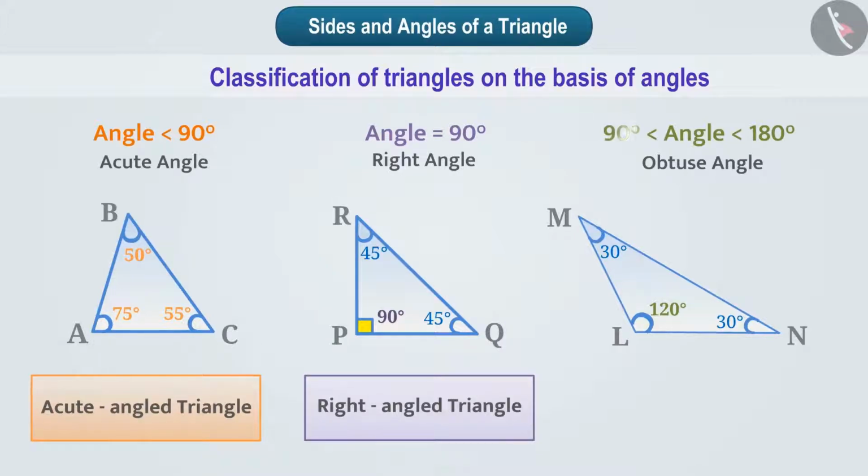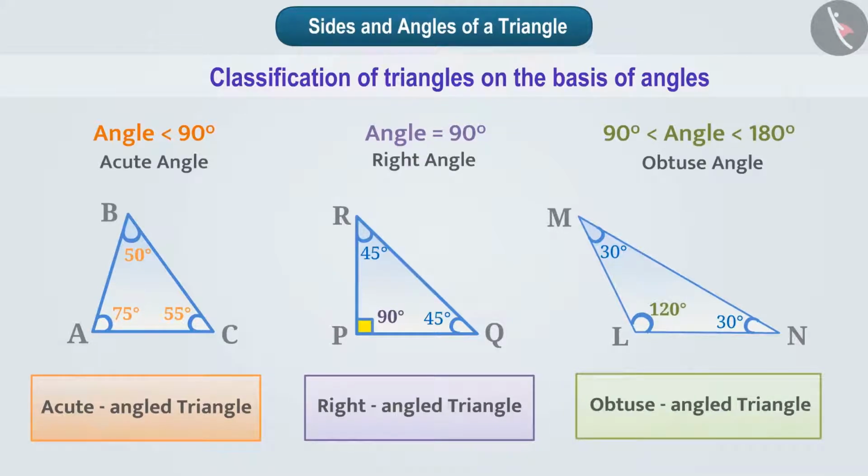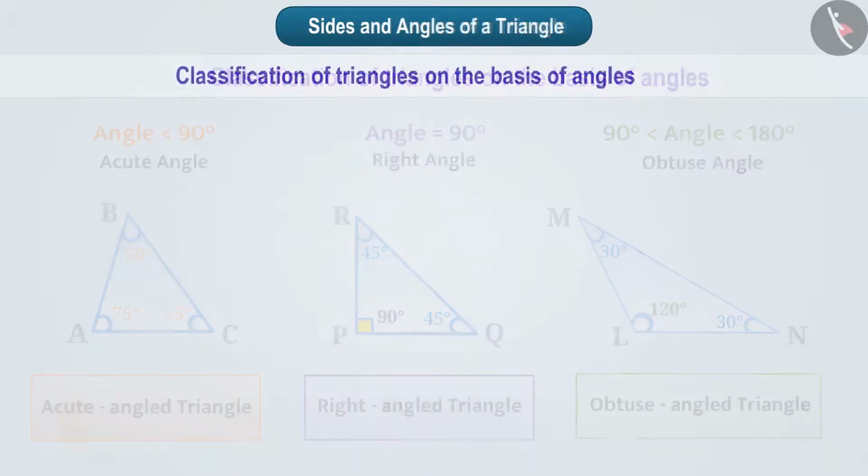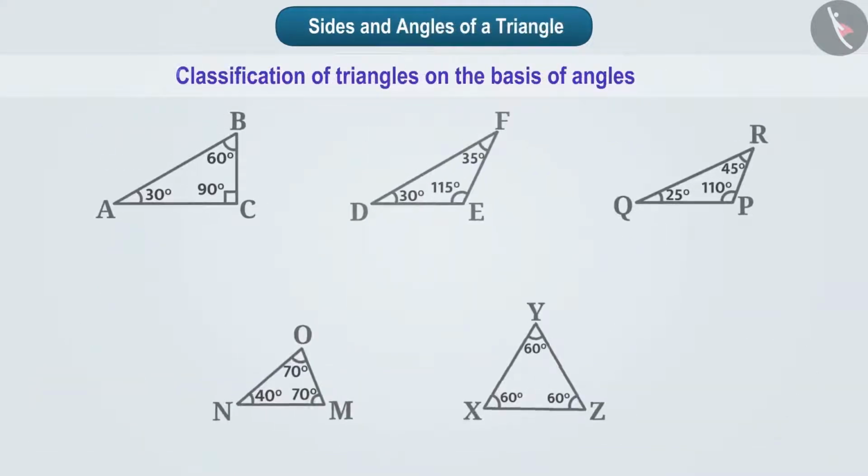Similarly, a triangle with an angle greater than 90 degrees but less than 180 degrees is called an obtuse angled triangle. Now, will you be able to classify the given triangles based on angles? Try it.